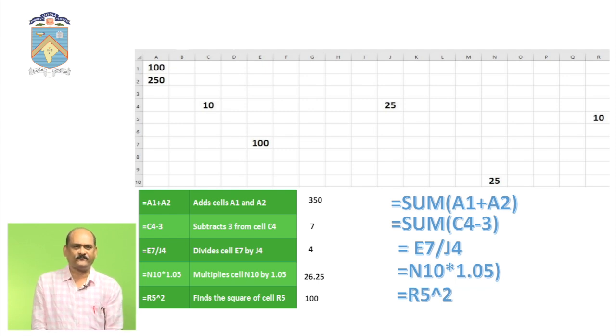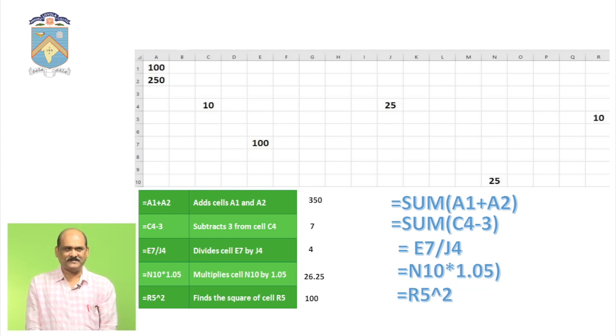In the case of a user-defined formula, you type A1 plus A2, whereas in the case of a function you must use SUM, a built-in and reserved word, and a parenthesis A1 plus A2. Similarly, we do not have any subtraction function in Excel.